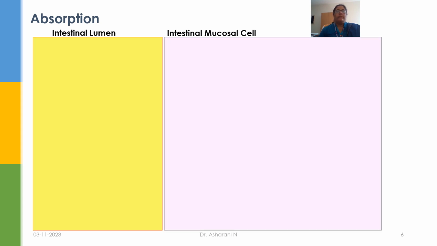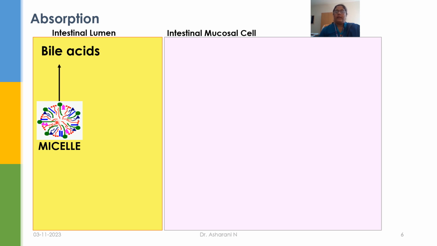In the lumen, now we have the micellar structure which is formed with the hydrophilic outer coating and hydrophobic inner core. They assemble over the microvillus.